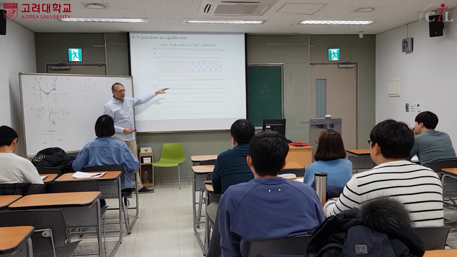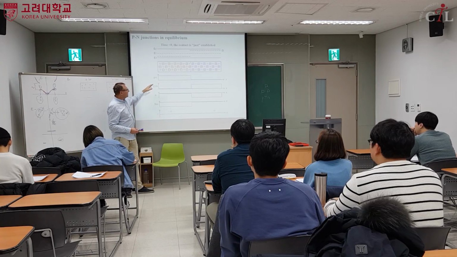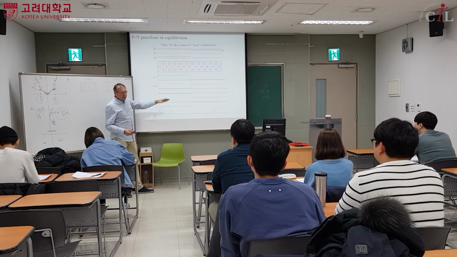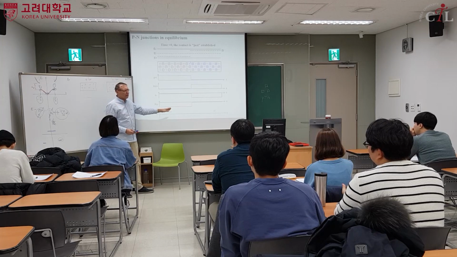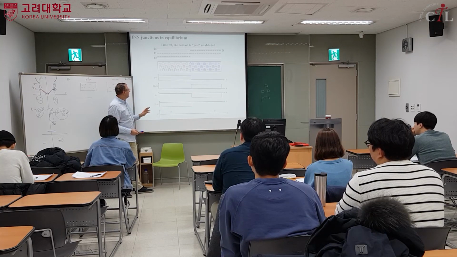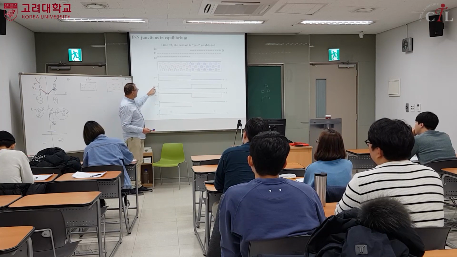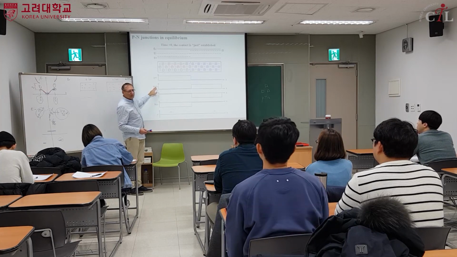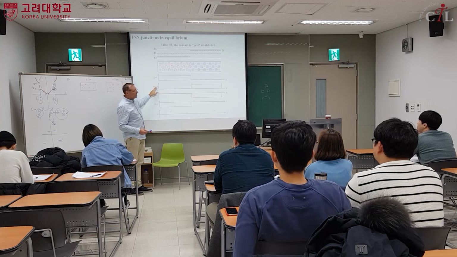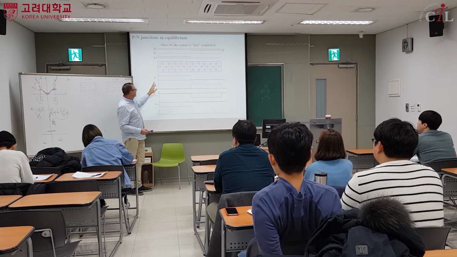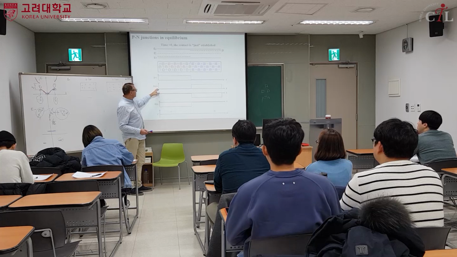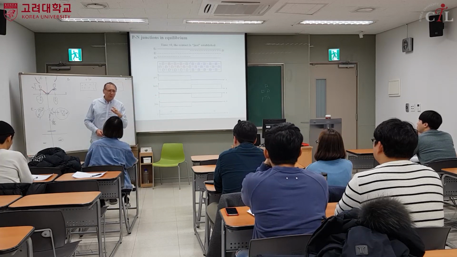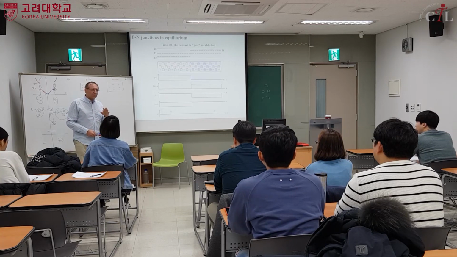Diffusion should continue until the concentration is equal, potentially. But the donors and acceptors cannot diffuse because they stay in the lattice. So these are not mobile charges, correct? There are two types of charges: mobile charges and stationary charges. Do you see the difference between mobile charges and stationary charges? Okay.